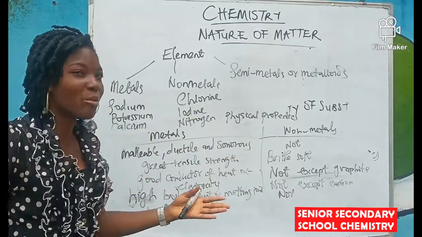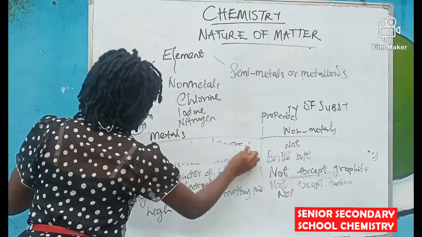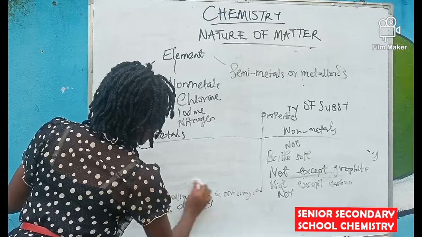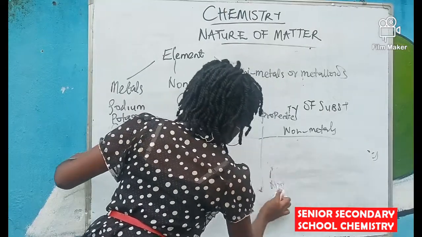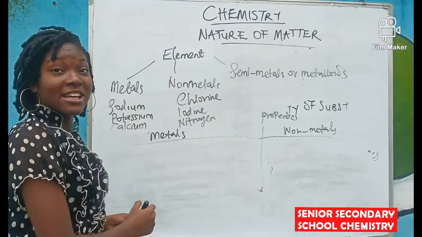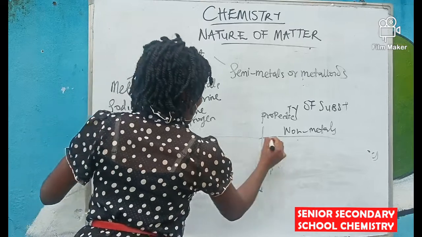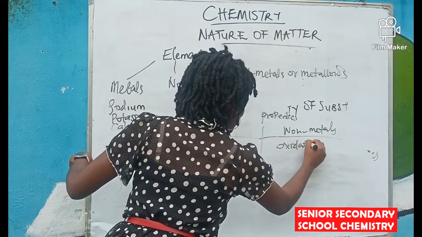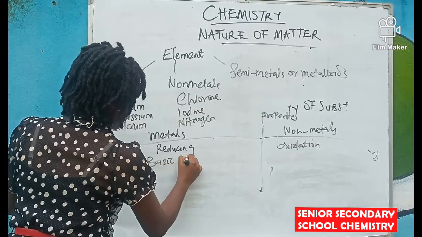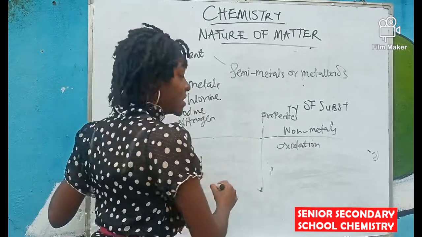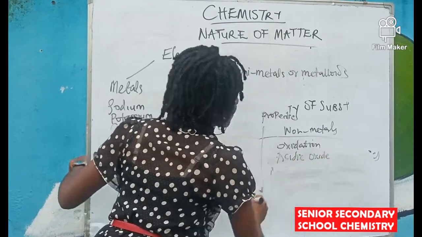Now we have the chemical properties of metals and non-metals. The chemical property of metals is that, like I said earlier, they are reducing agents, while non-metals are oxidizing agents. Metals form basic oxides with oxygen, while non-metals form acidic oxides with oxygen.